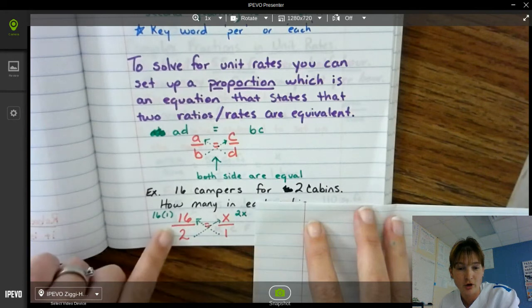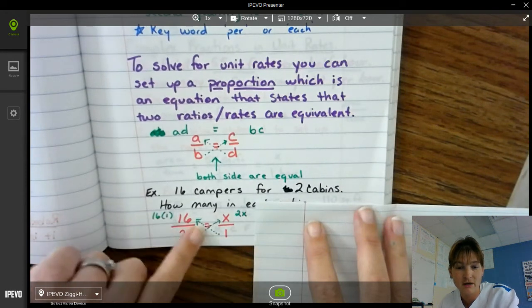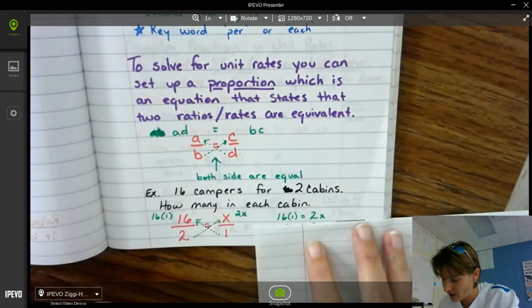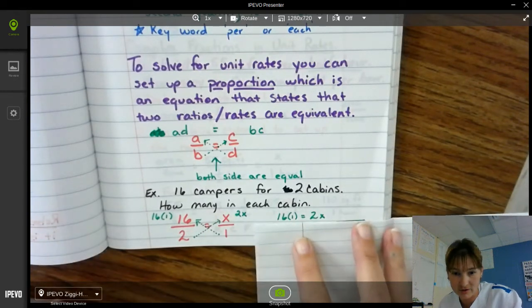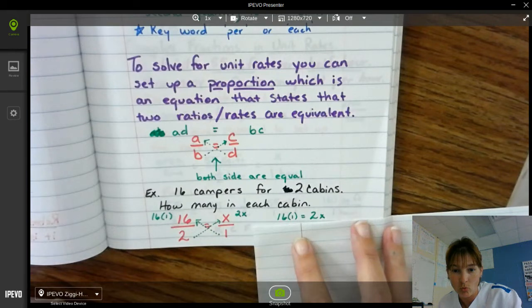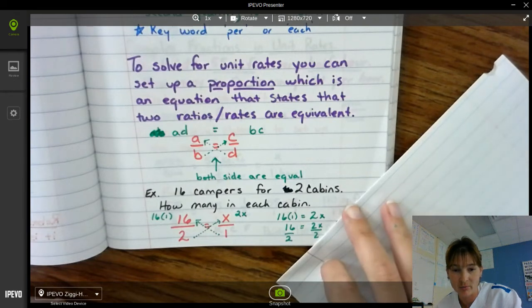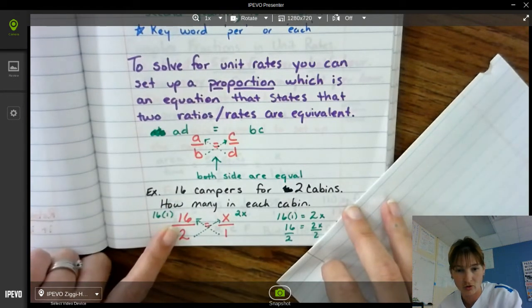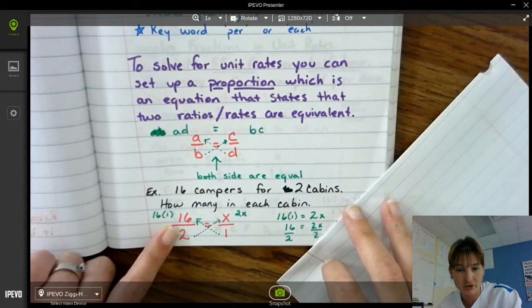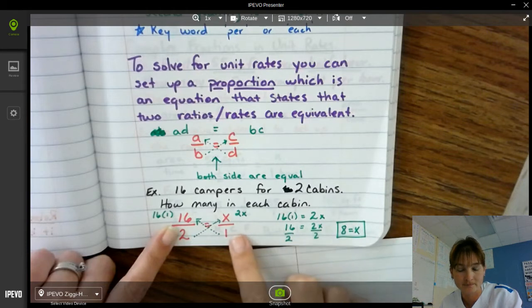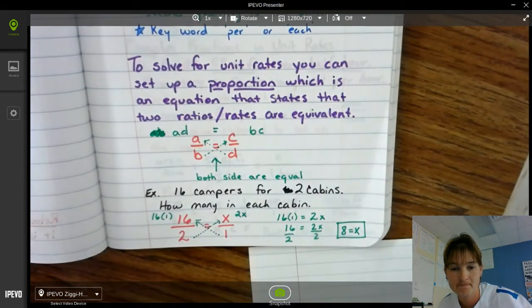And so you would do the cross multiplication, 16 times 1 and 2 times x, and you get 16 times 1 equals 2 times x as a one-step equation. When you solve this one-step equation, you get 16 divided by 2, which is basically what we started off with in our proportion. And then we know that we get 8 campers for 1 cabin. Okay?